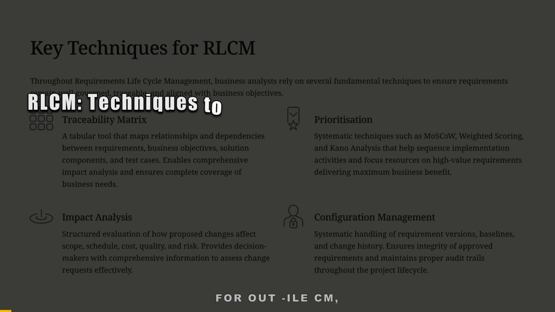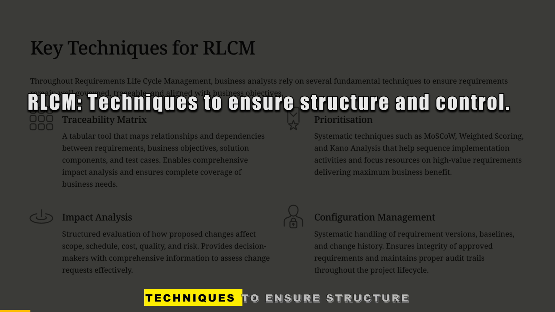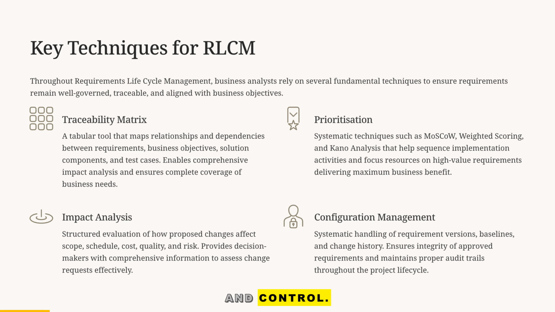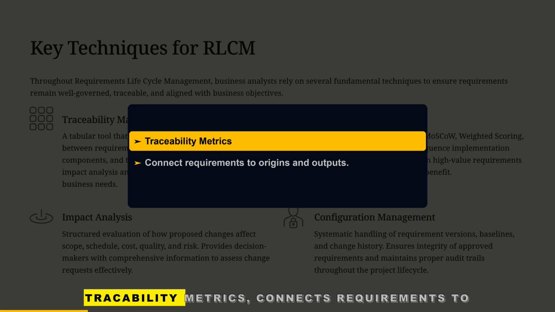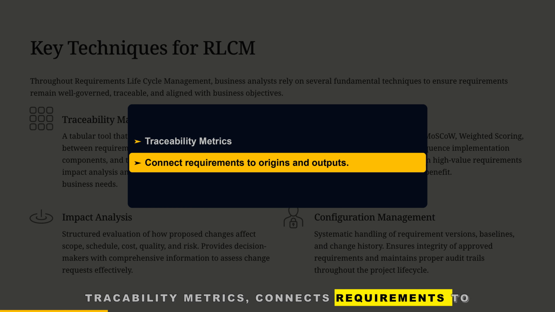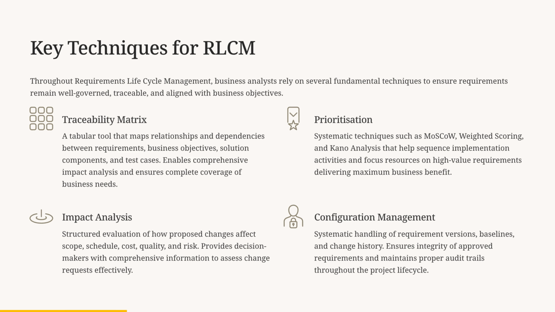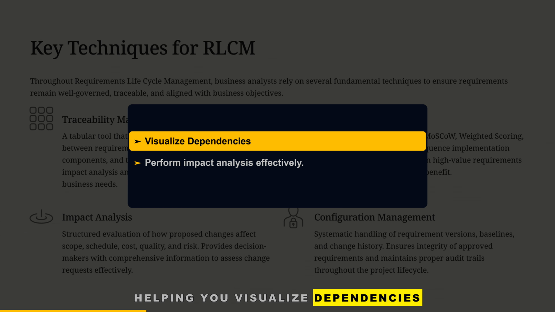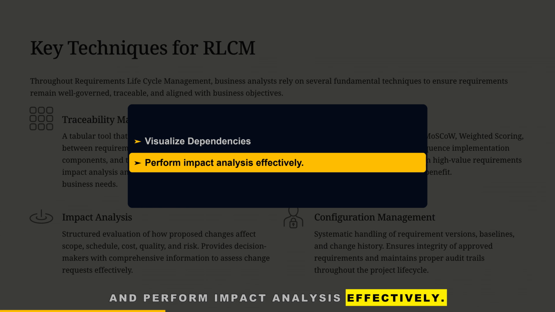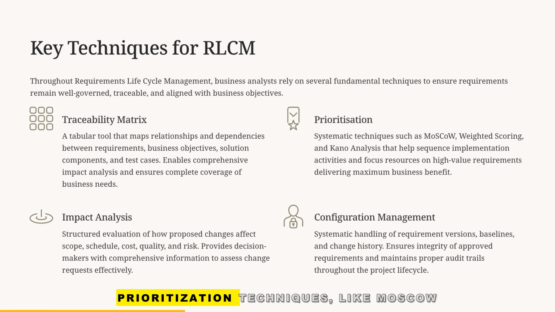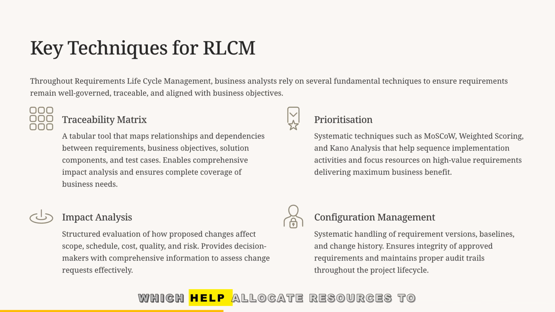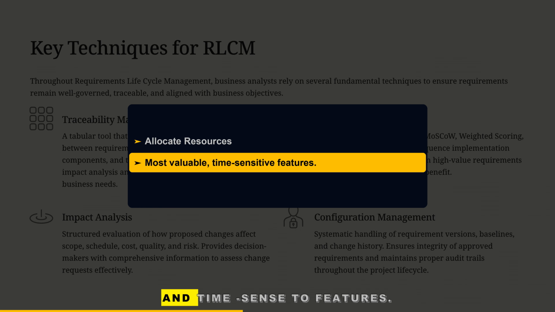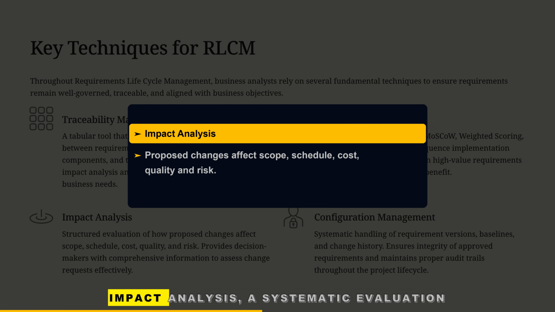Throughout RLCM, we rely on a set of core analytical techniques to ensure structure and control. Let's briefly revisit these four. Traceability matrix connects requirements to their origins and outputs, helping you visualize dependencies and perform impact analysis effectively. Prioritization techniques, like MoSCoW and Kano analysis, help allocate resources to the most valuable and time-sensitive features.